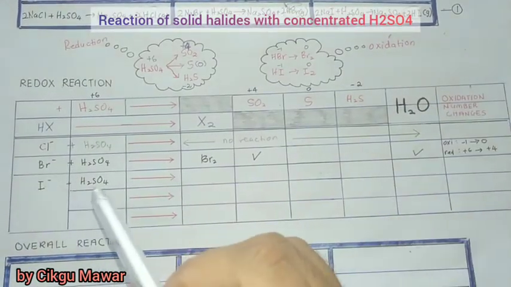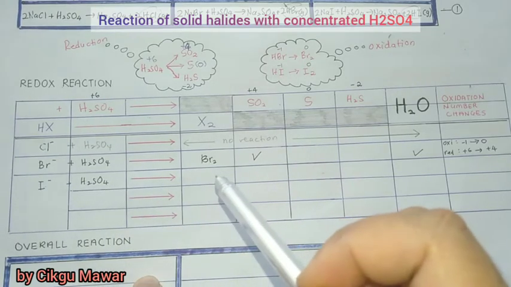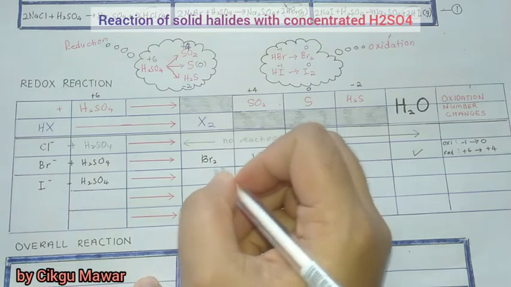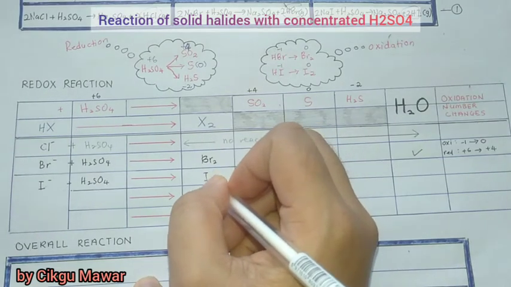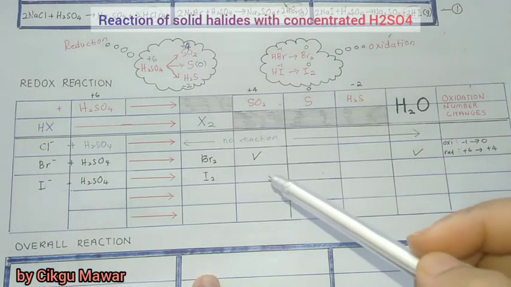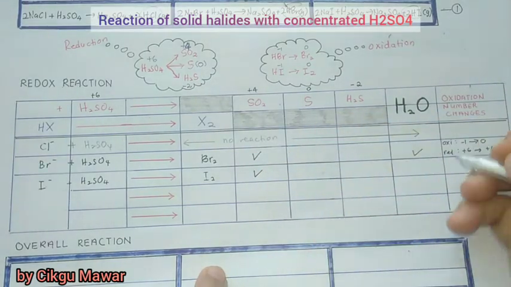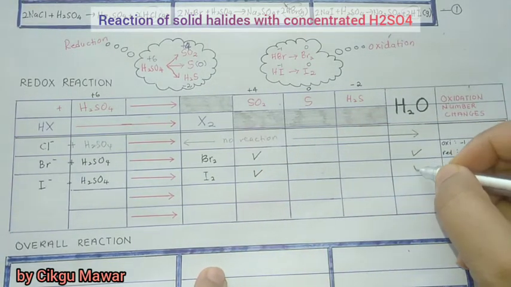For the first reaction of sulfuric acid with iodide, it will form iodine, for sure. The first possible product that it will form is sulfur dioxide, and then water.